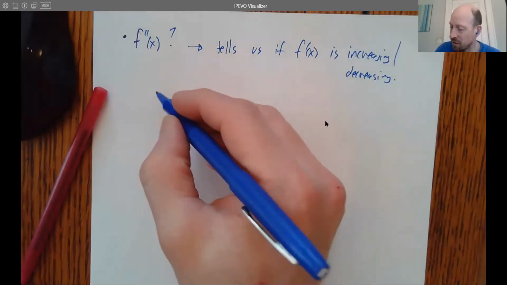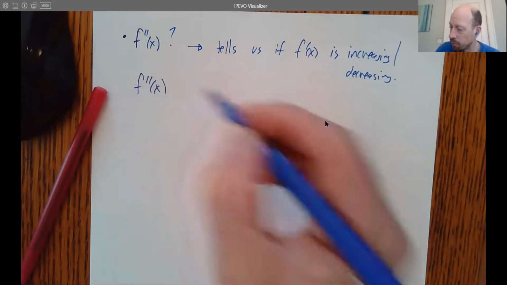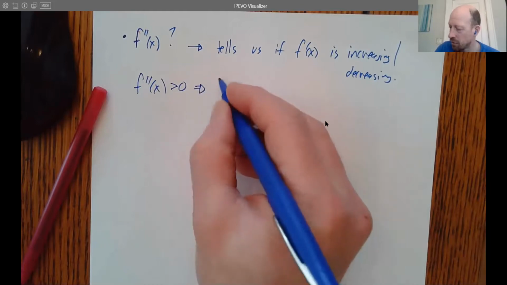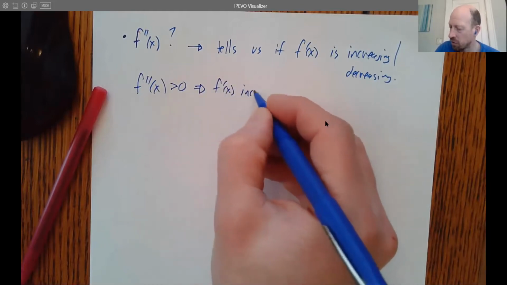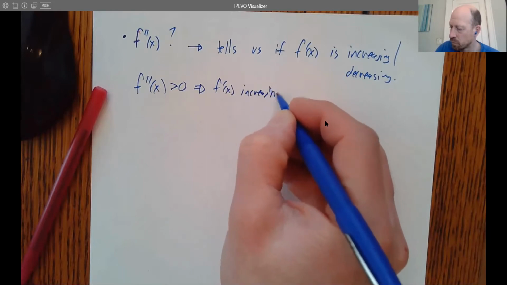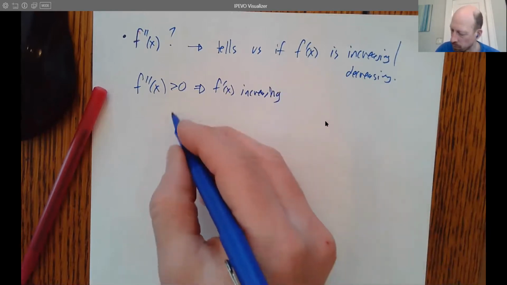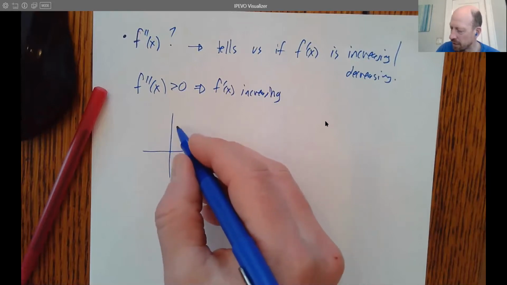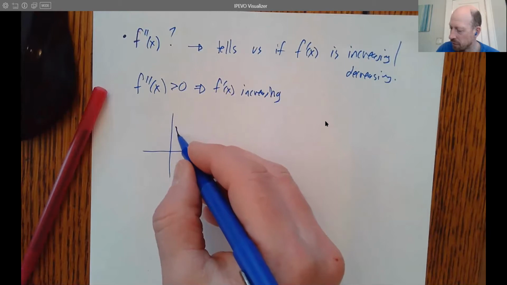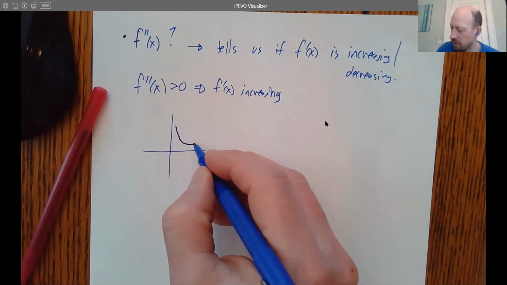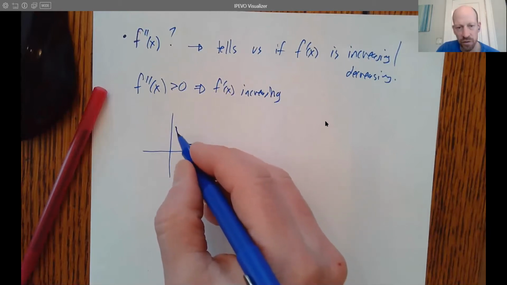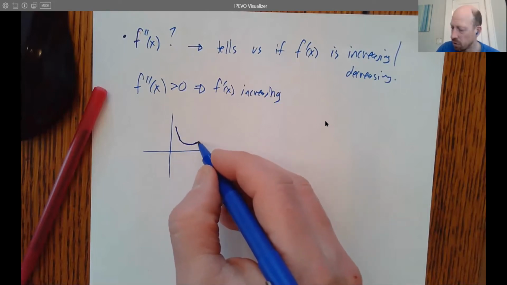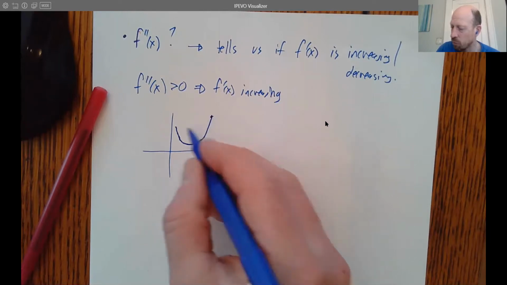So what that means is if f double prime is positive, that implies f prime of x is increasing. And that means we have something like this. If the slope started out negative, they have to be getting larger. So this is a large negative here, that's a less negative here, it's like 0. If they were positive, they'd have to be getting more and more positive.